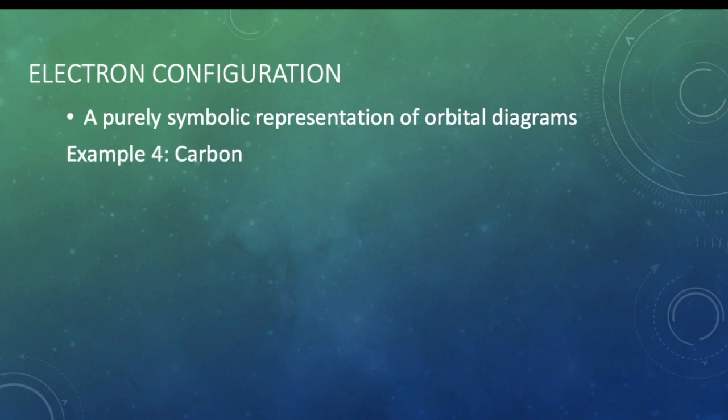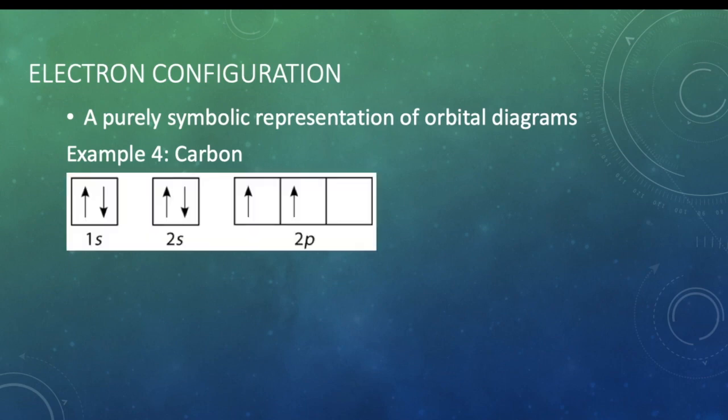So for example, our first example that we talked about was carbon. And carbon had an orbital diagram that looked like so. When we go to turn this into electron configuration, you're going to write your label like you normally would, for example, 1s, and then you're going to superscript the number of electrons found, like so.